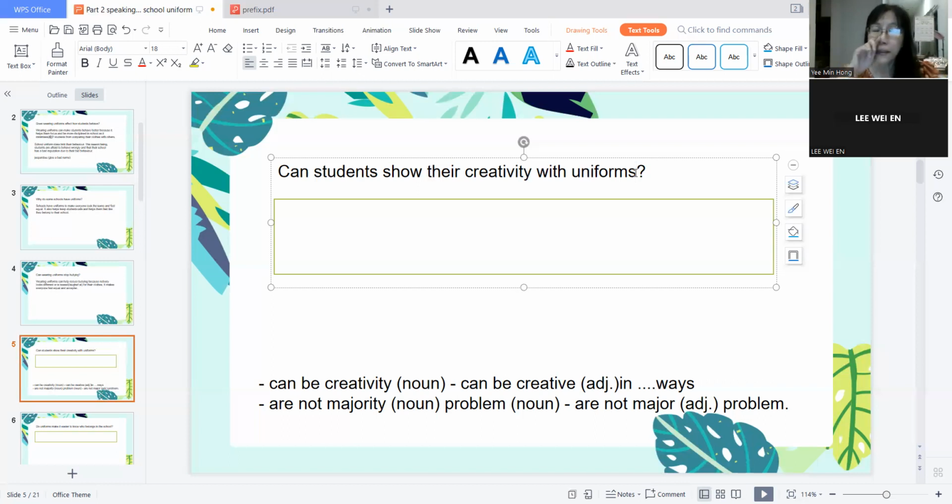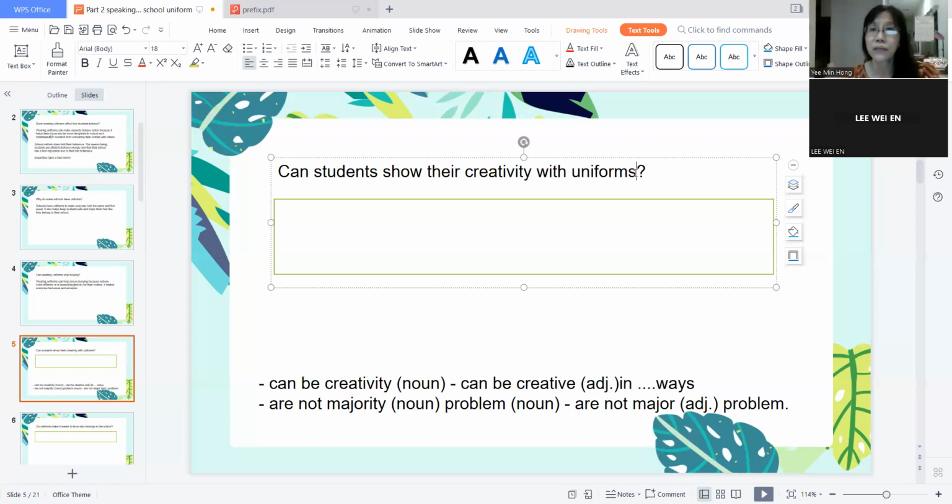Okay, I think your direction is more on the different types of school uniform that students wear, right? Different schools have their own school uniform, and that shows the different ways schools present themselves.